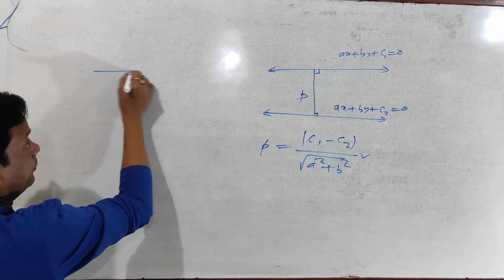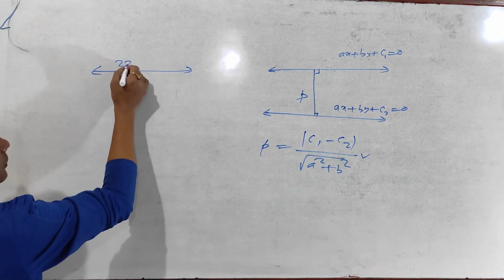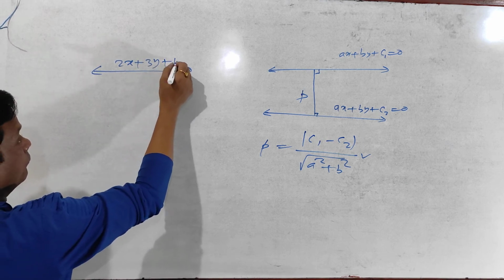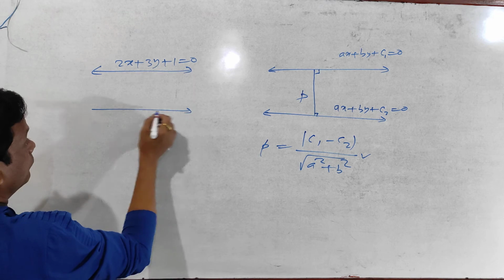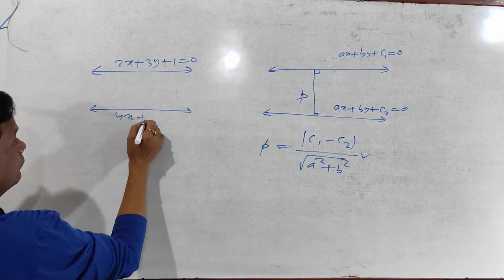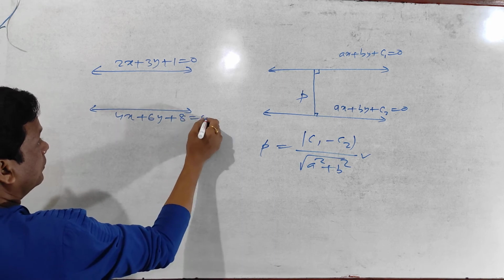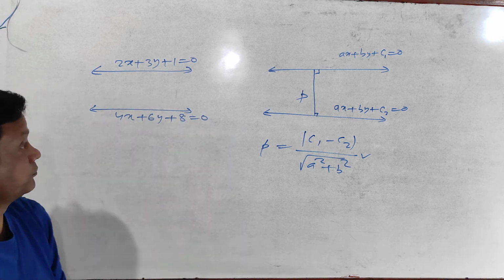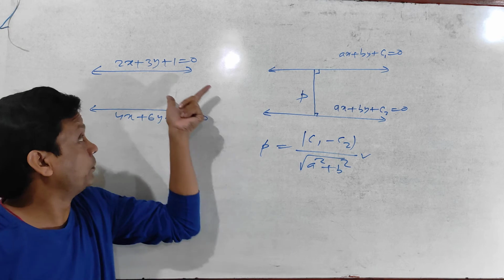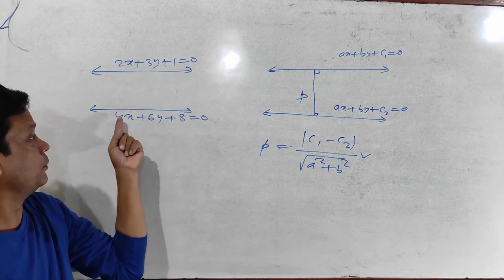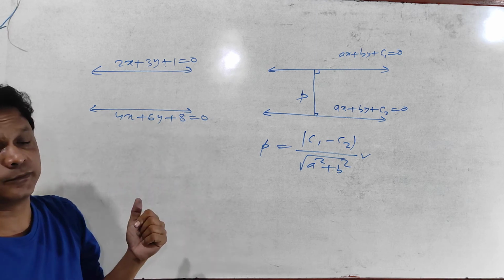See here, I am giving an example. So here, how to apply this formula? 2x plus 3y plus 1 equal to 0, 4x plus 6y plus 8 equal to 0.